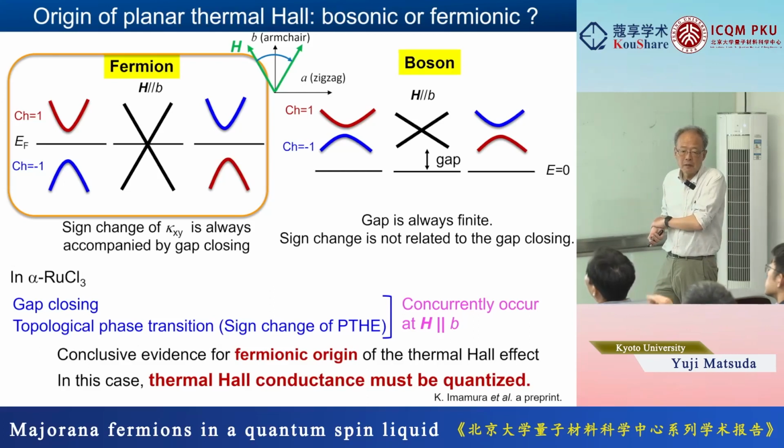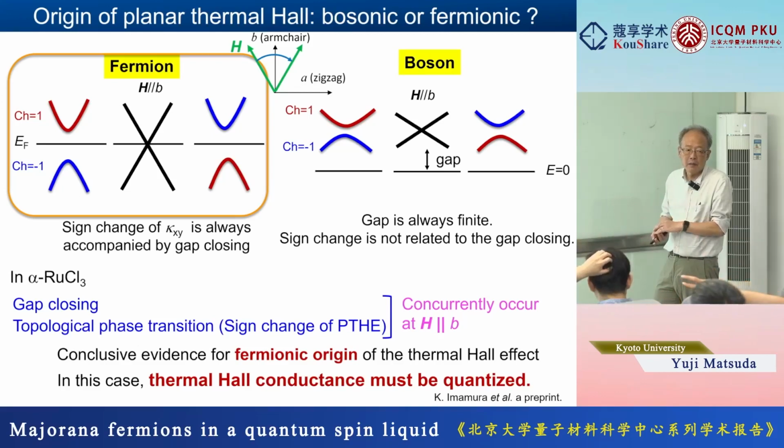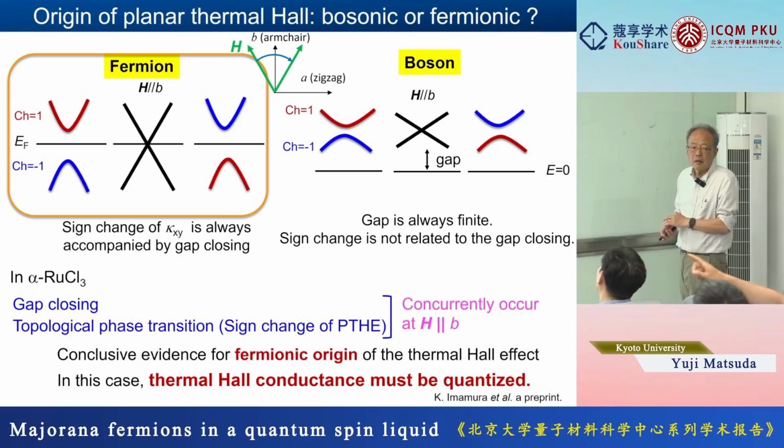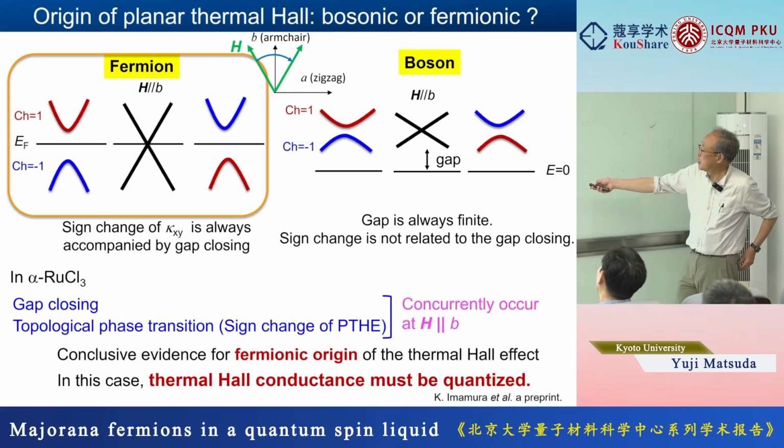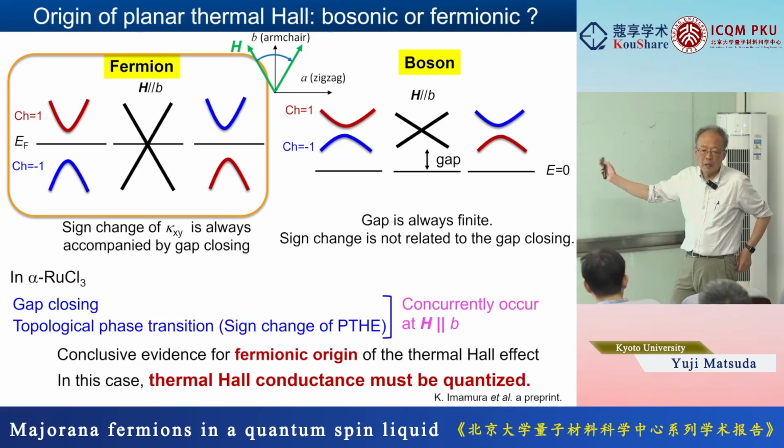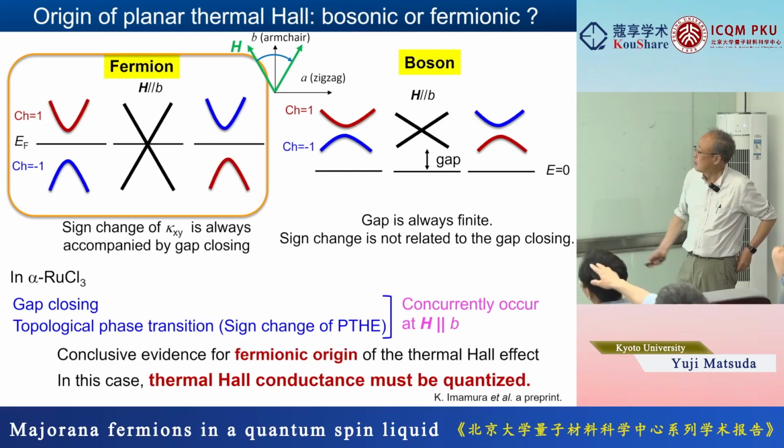It's a gap, but you can still have a population, depending on how large the gap is. The calculation shows that this gap is on the order of 1 milli eV, order of 10 Kelvin. Before the gap closing, mostly this lower band is populated.